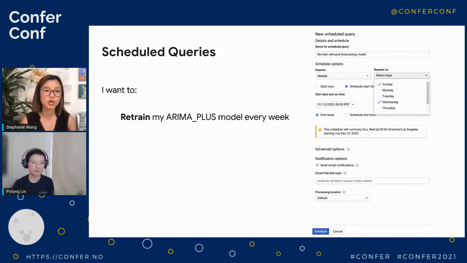That could include the CREATE OR REPLACE MODEL statement, the ML.FORECAST statement, etc. We can set how often we want to rerun these queries, whether to start on a certain day and end on a certain day, and we can even send out email notifications when these are run, or pop up messages to carry out further actions downstream.